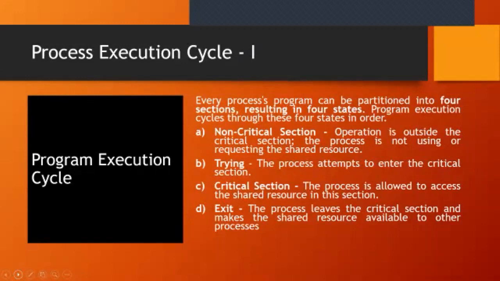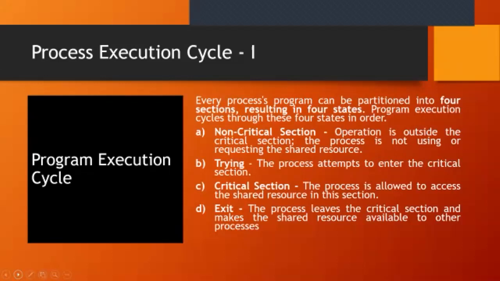Trying: the process attempts to enter the critical section, but there are two chances, either it is successful or not successful. Then critical section: once the other processes have left the critical section, another process which is waiting can enter.